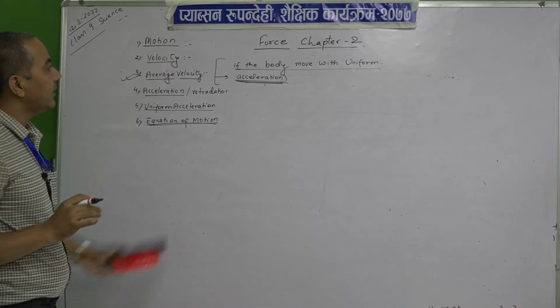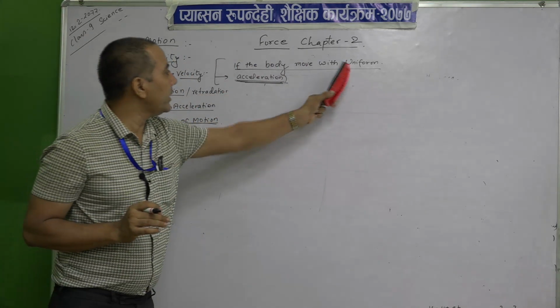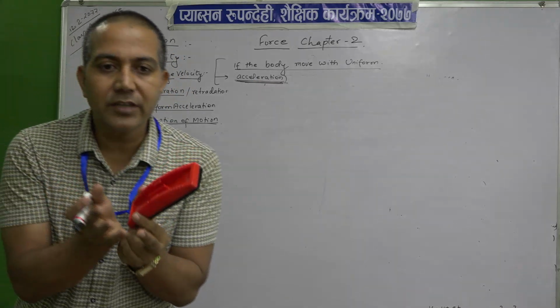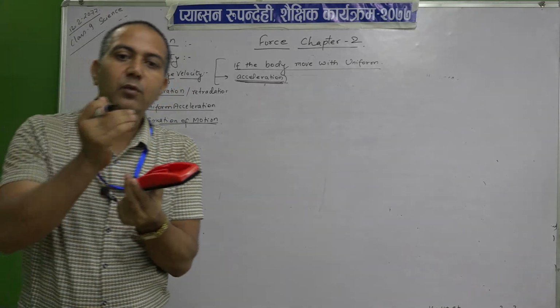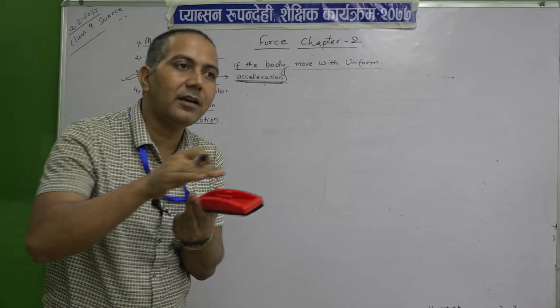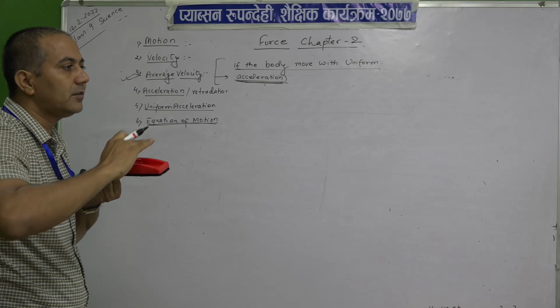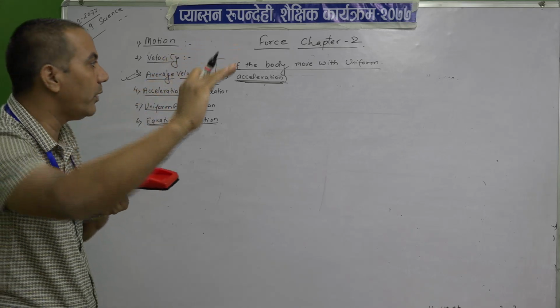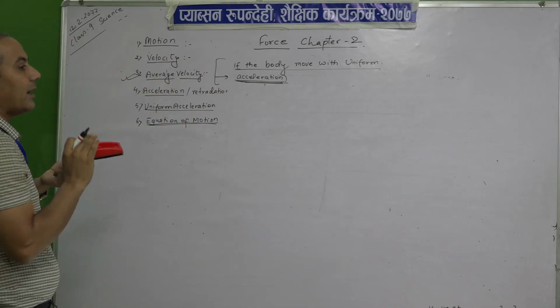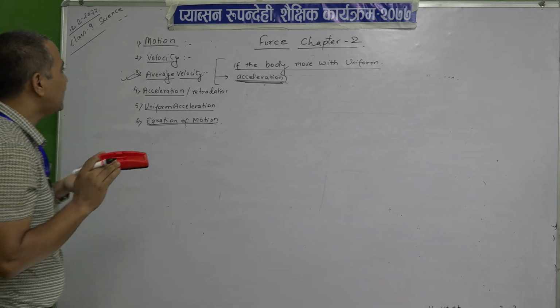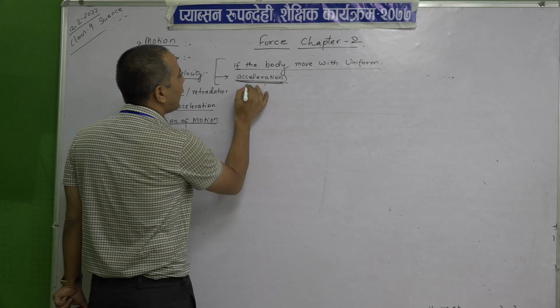So what we are saying is that if the body moves with a uniform acceleration, meaning it is accelerating and increasing its speed in the same way, at that time we can calculate the average velocity. Okay, how is average velocity calculated?